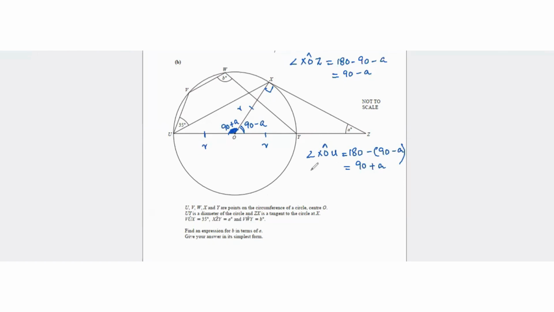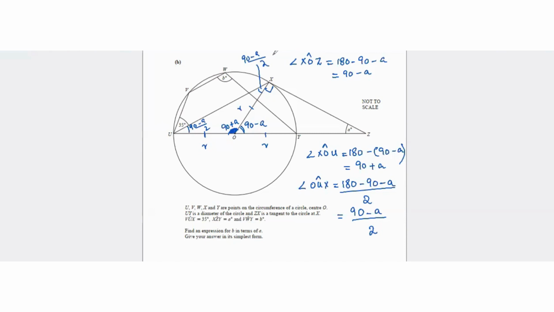That means triangle OUX is isosceles, which means to find the angle OUX, we're going to do 180 minus 90 plus A, divided by 2. That's going to be 90 minus A over 2. So this is 90 minus A over 2, and this angle is also 90 minus A over 2.